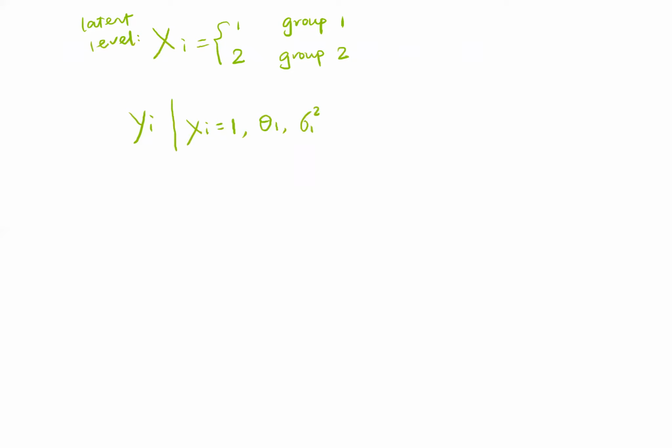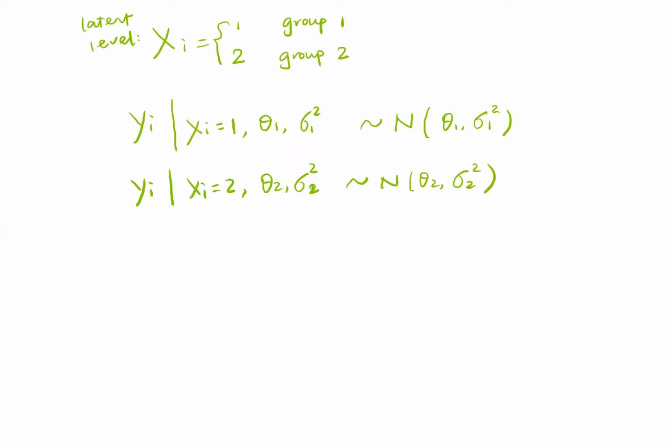That's the model setup. And if yi for some reason gets clustered into the second group, it follows the second normal. I'm trying to write out the general likelihood for you. I wouldn't write it out in terms of the probability, but this is the setup over here. So what else is missing here? This is the likelihood.